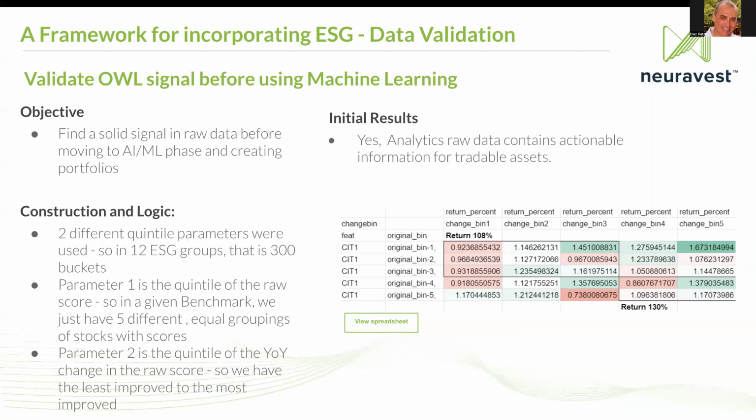So you can see, just by looking at this little heat map here for one of the categories, CIT1, that the top quintiles by far outperform the bottom quintiles. That's just structurally telling us that the data has value, has some notion of information. We haven't really dug into the specifics yet, but this is a good confidence measure.